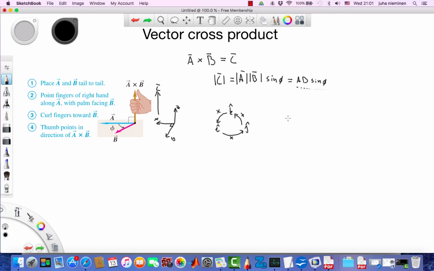First of all, we have our general vectors. A would be ax i hat plus ay j hat plus az k hat. So components in all directions. Same with the vector B.